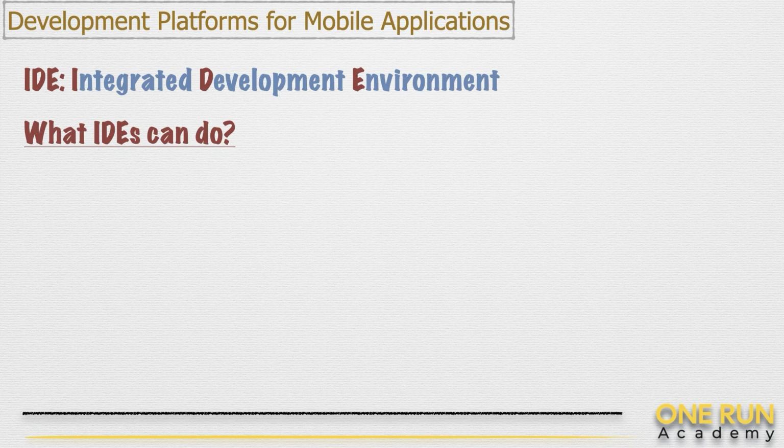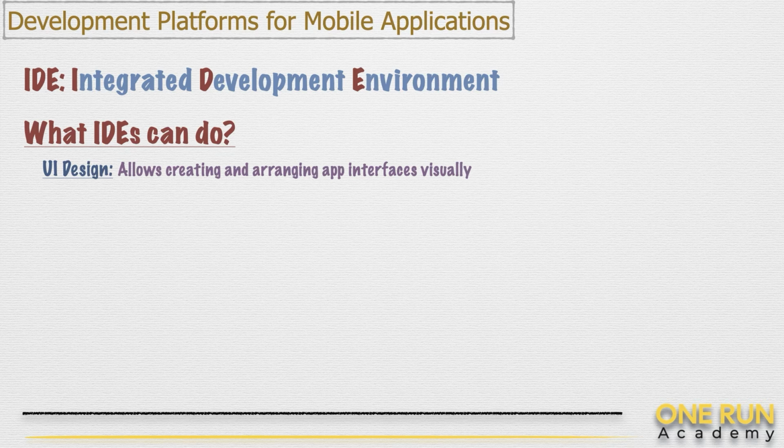So IDEs are very helpful in mobile app design. IDEs allow us to create and arrange app interfaces visually. You can drag and drop UI elements like buttons and text fields and see how they will appear on the app without writing a single line of code for that part. Coding is another major function of IDEs.